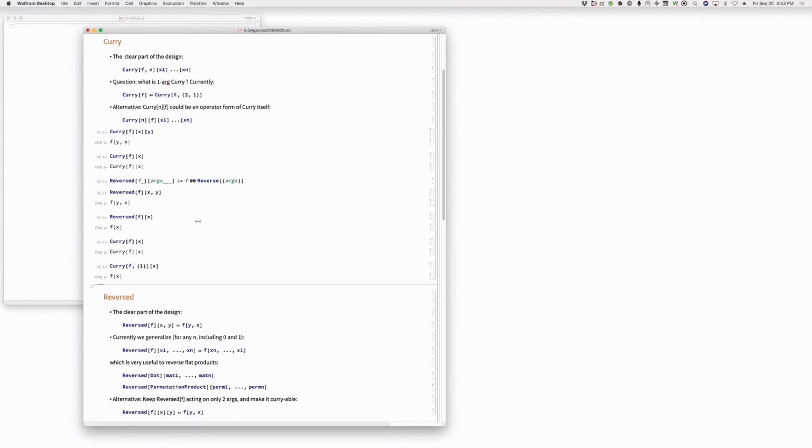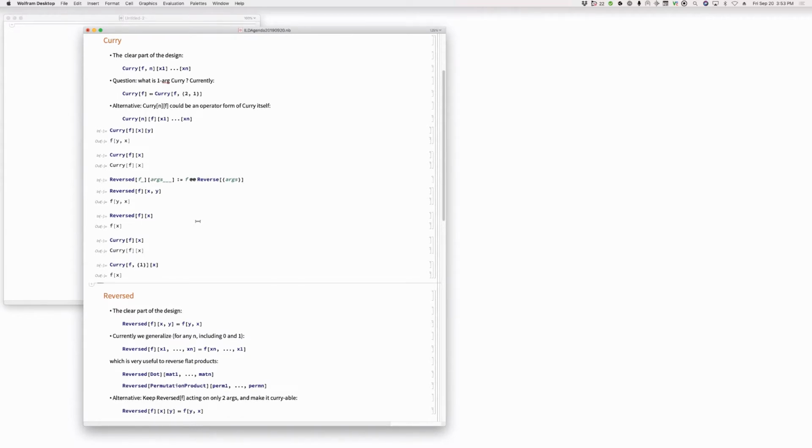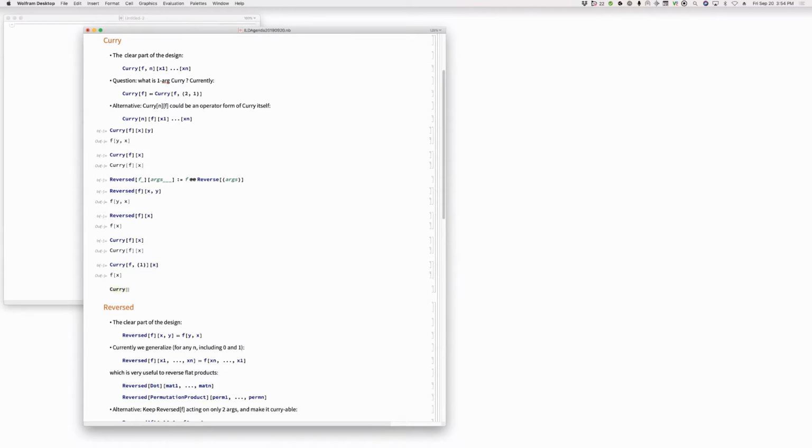Yes, exactly. It could be that the default curry is 2. The other possibility we have considered is curry 2, which is equivalent to curry f comma 2. And then it takes the 2 arguments.